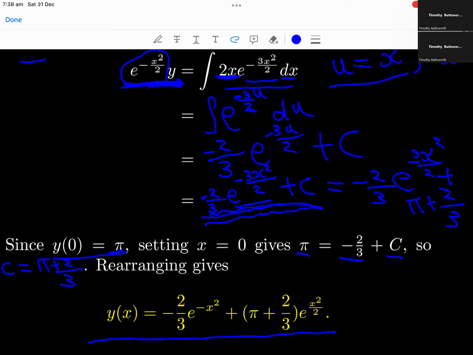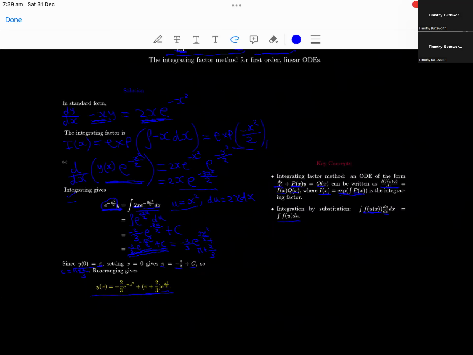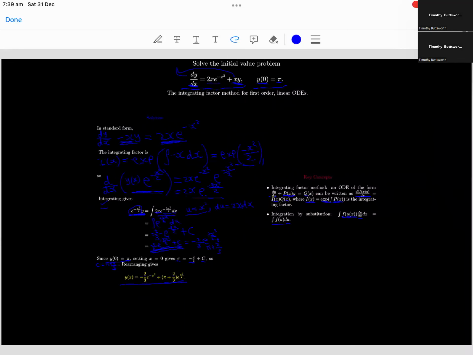Y of x is equal to minus 2/3 e to the minus 3x squared on 2 times e to the x squared on 2, which just becomes e to the minus x squared, plus c, which I said was pi plus 2/3, multiplied by e to the x squared on 2. So this is how you can use the integrating factor method in order to solve a first order linear ordinary differential equation.